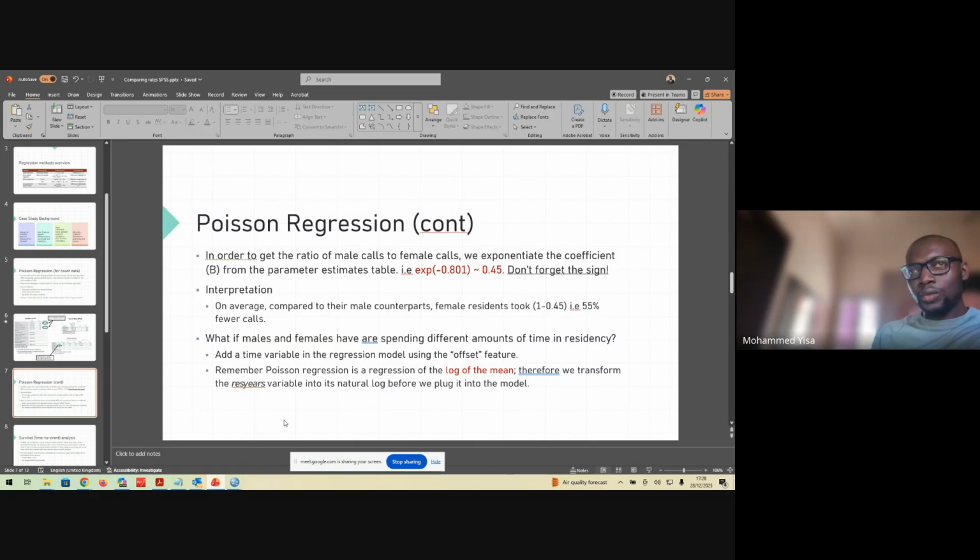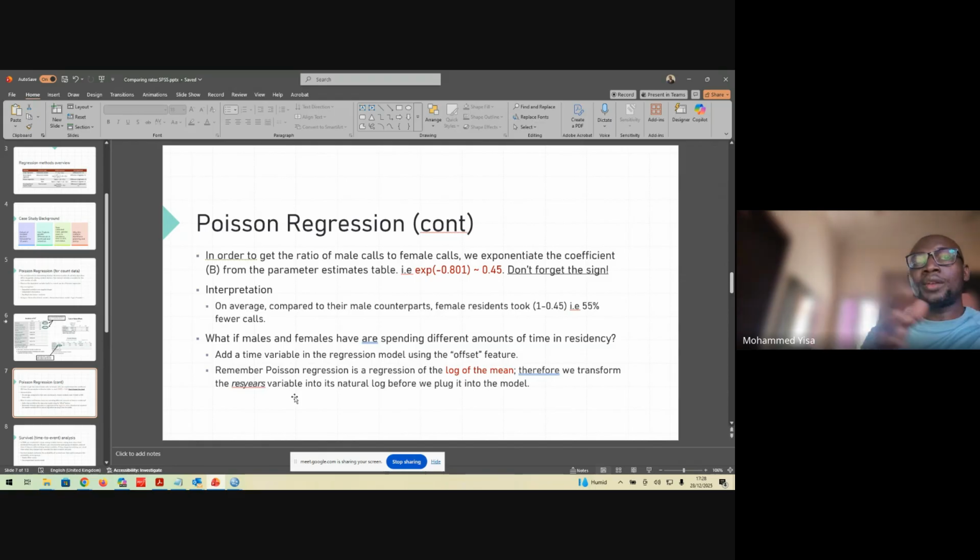Okay, so it may be a bit difficult to recap everything, but basically what we use Poisson regression for is when you have an outcome variable that is a count. So if you are trying to model the number of hospital visits, number of calls, number of cardiac arrests, number of deaths, anything that is a count, then you would use Poisson regression.